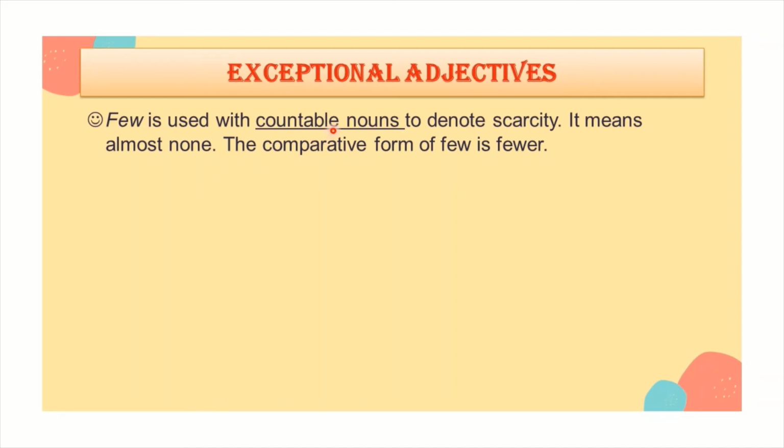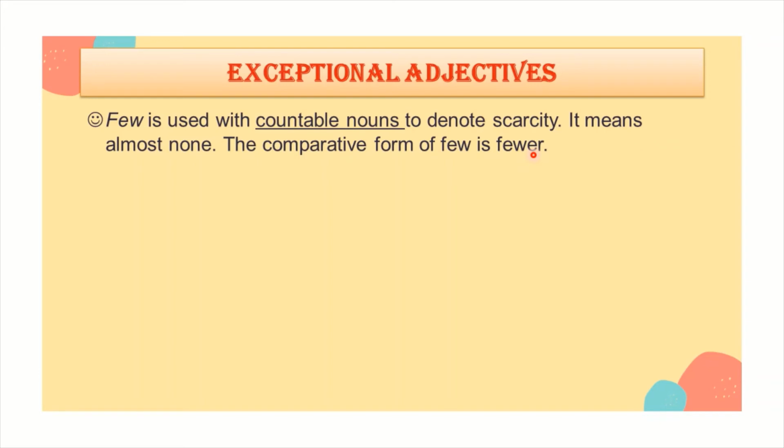When a noun is countable, when we can count that noun, then we can use the adjective few. And when few goes to comparative degree, it will change into fewer. Okay, you have to pay attention to spelling. With the word few we can add er, then it will change into comparative degree.